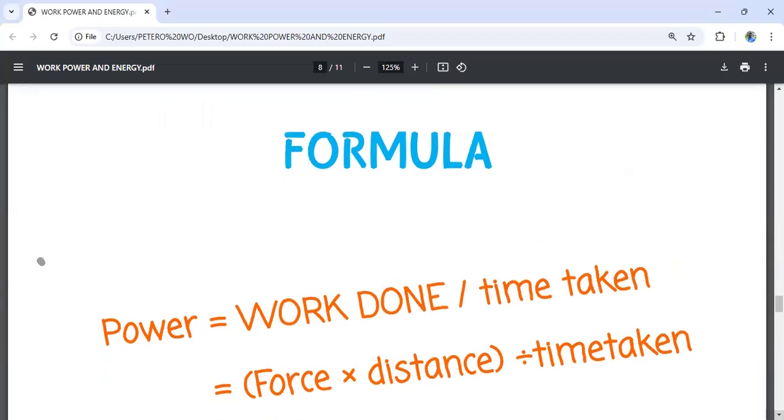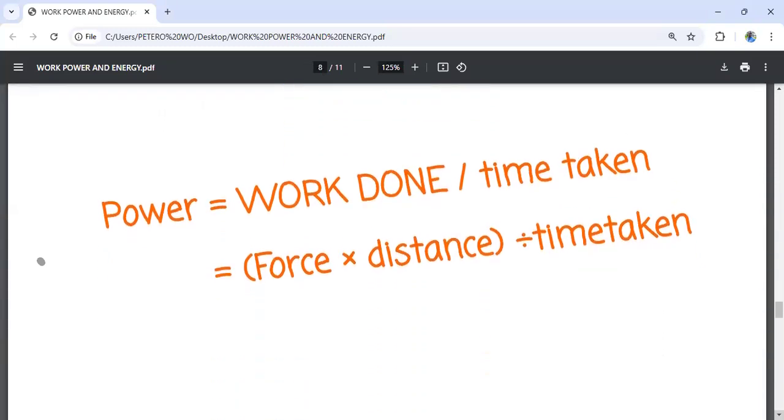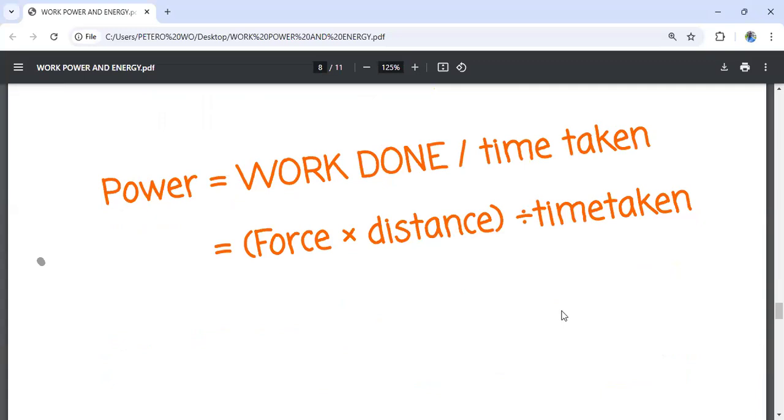So this is the formula for power. Power is work done divided by the time that is taken. So you'll have power as work done then divided by the time that is taken.